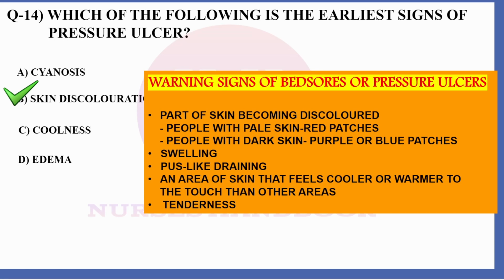People with pale skin will show red patches, and people with dark skin will show blue or purple patches. And if there are any signs like swelling, pus-like draining, any area of skin that feels cooler or warmer to touch, or if there is tenderness, then we should be aware of it and take the necessary steps accordingly.